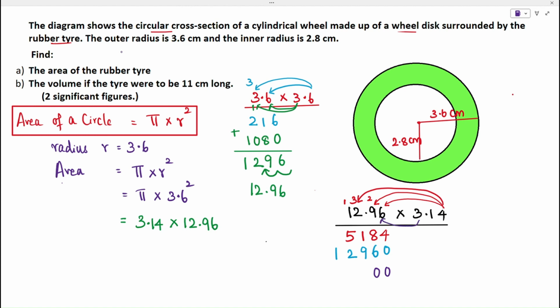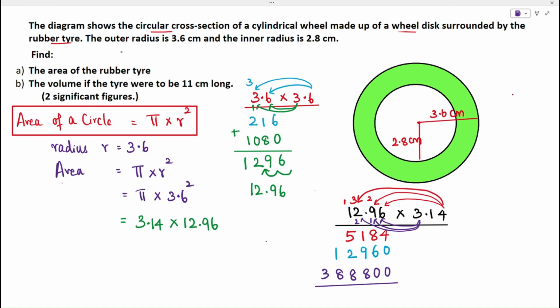3 times 6 is 18, so we write 8, carry the 1. 3 times 9 is 27, add 1 is 28, 8 and carry 2. 3 times 2 is 6, add the 2 gives us 8, and 3 times 1 is 3.